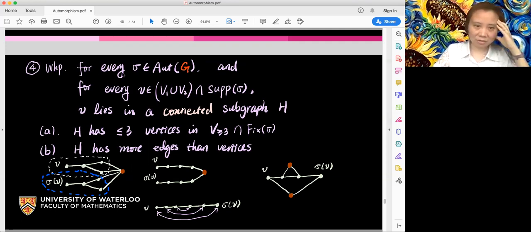So what we show is, with high probability, if you take any automorphism sigma, then every vertex V that is moved and of degree 1 or 2 must lie in a connected subgraph that has more edges than vertices, and also it meets at most 3 vertices that are of degree at least 3 and are fixed. And the proof is by the kind of argument I showed before, somehow searching from those vertices, doing a kind of depth first search until you see a fixed vertex and then doing something.